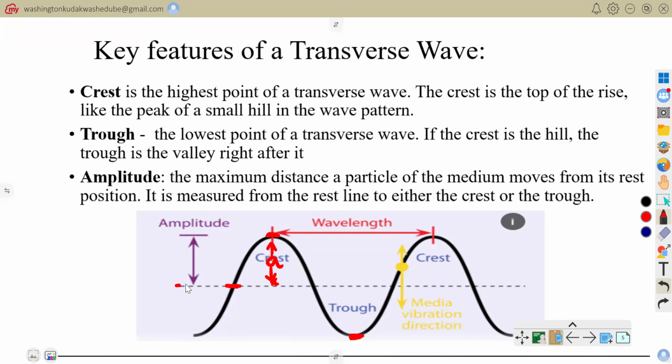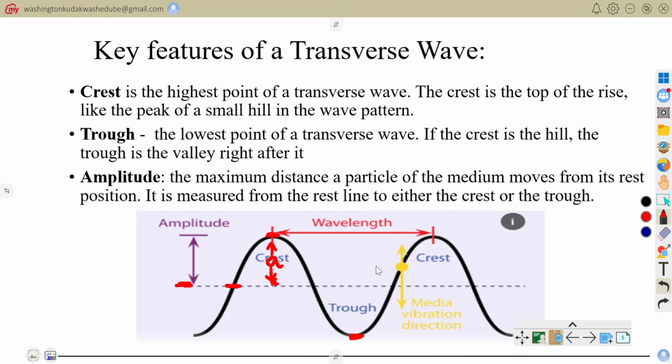We assume our particles are at equilibrium, or at rest, when they are not vibrating. Once there is a vibration or some ripples, our particle is displaced to a certain distance. That maximum displacement becomes our amplitude.